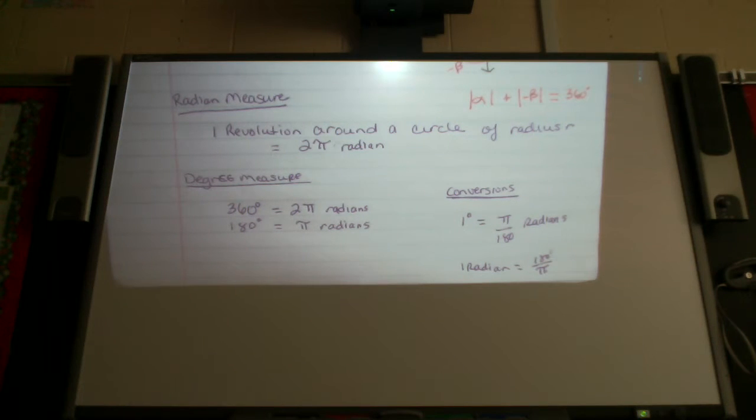Okay, let's look at a couple examples. Example 1, express each degree measure in radians.